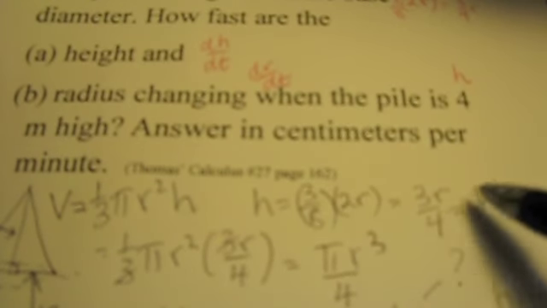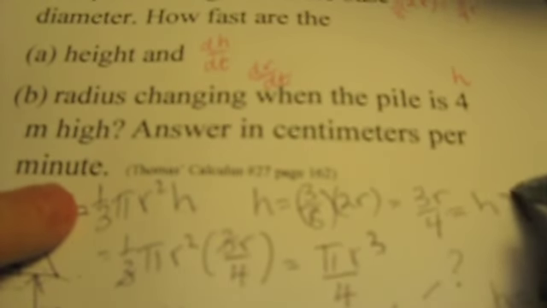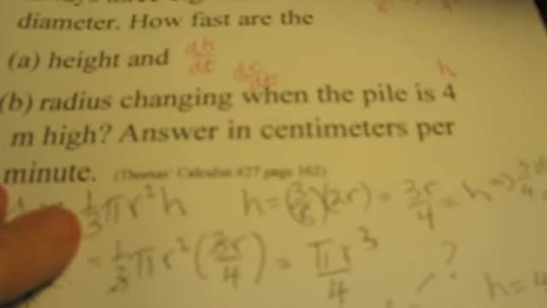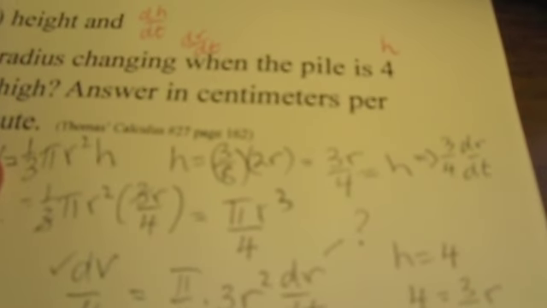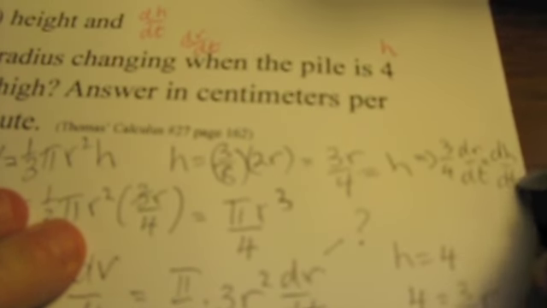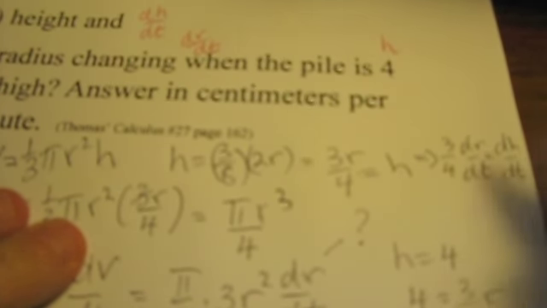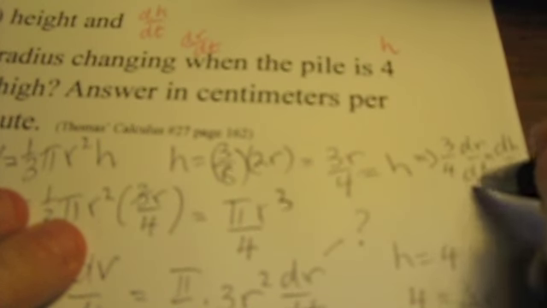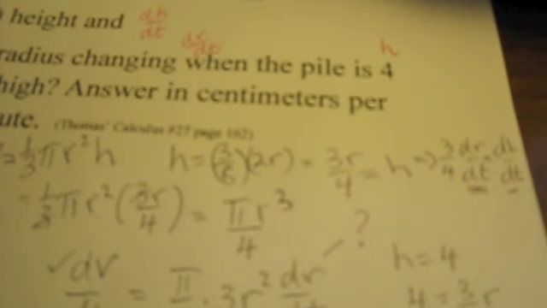So if we were to differentiate these two, this would imply we'd have 3/4 dr on dt equal to dh on dt. So now that we've got that, we already have just worked this out, multiply it by 3/4 and that'll give us our dh on dt. So you should make sure you go through the details of that, and also make sure that you do the final calculation here to find dh on dt.